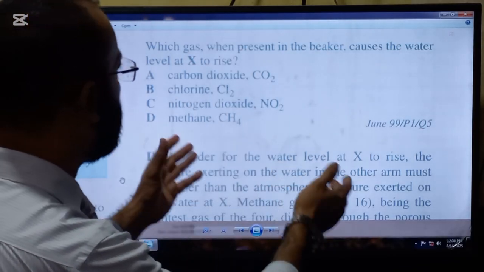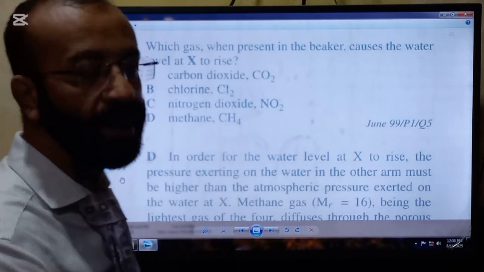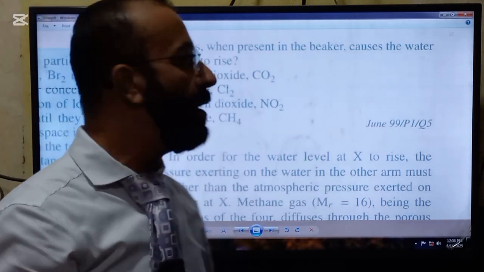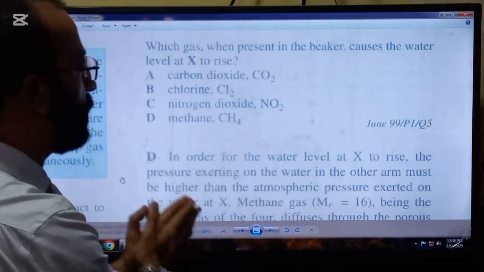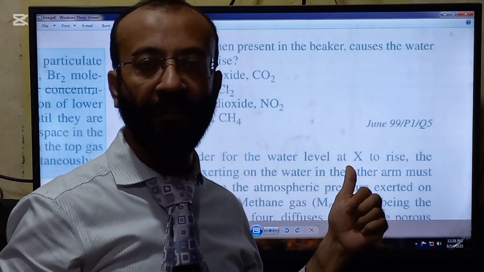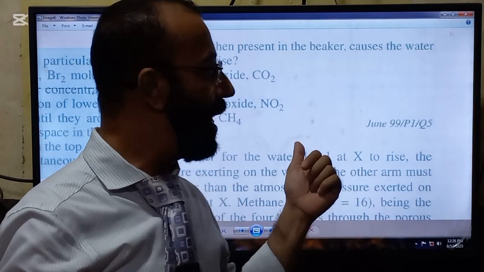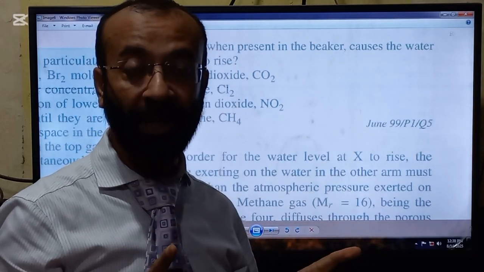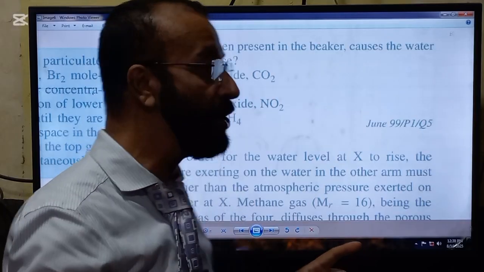So for the water to rise from the X level, first we will find the relative molecular masses of all these four options, and definitely the substance which is having the least relative molecular mass, and the thing also important is that relative molecular mass should be lesser than the oxygen.